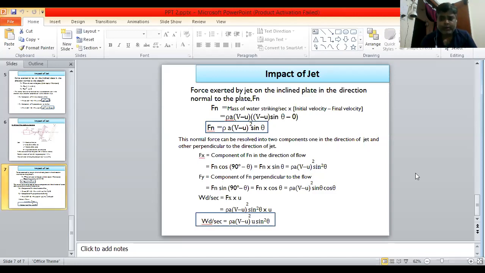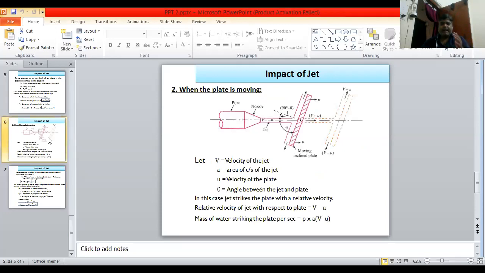First of all, you resolve the Fn. That means Fn is the perpendicular force. Then it has two components, one horizontal and the second vertical, downward and upward.